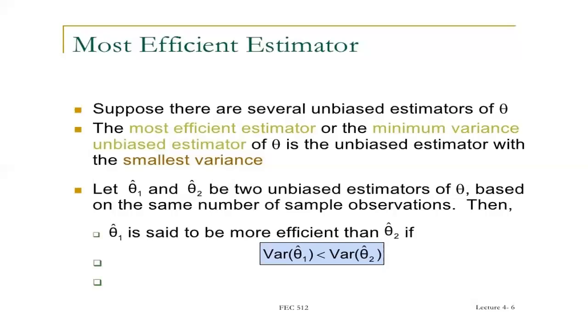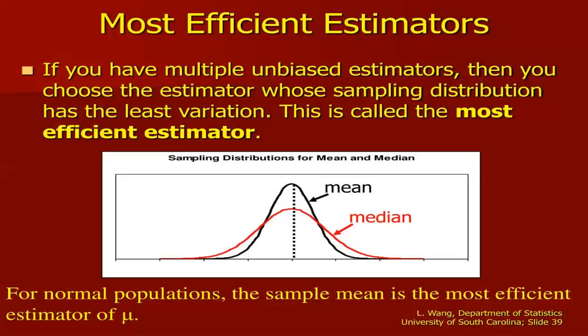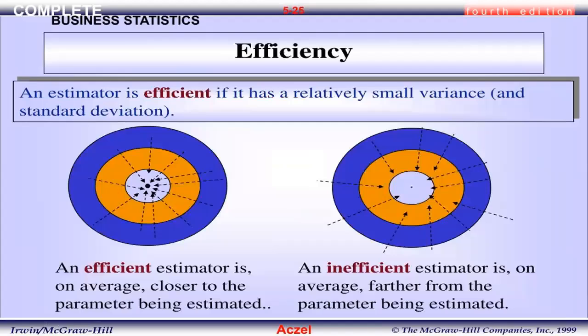For the most efficient estimator, we will follow the same procedure: those estimators which have smaller variances are more efficient. In actual words, an estimator is efficient if it has a relatively small variance and standard deviation.